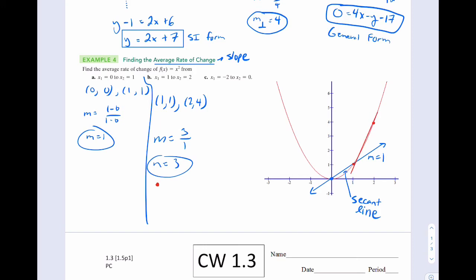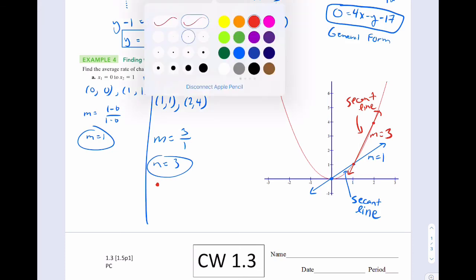I'll connect them. So again, that's called your secant line. And we just found the slope of that line was 3.